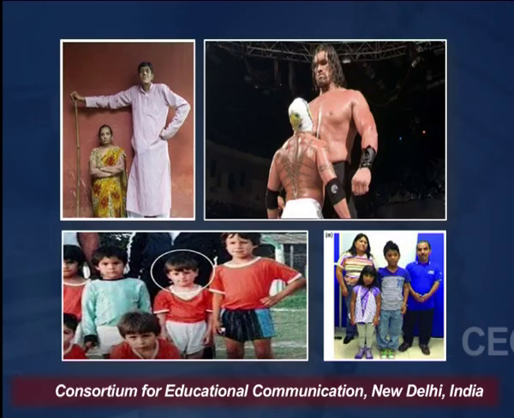So these are some examples of aberrations: when there is too much growth hormone, or a deficiency of growth hormone, then gigantism, dwarfism or growth retardation can occur.